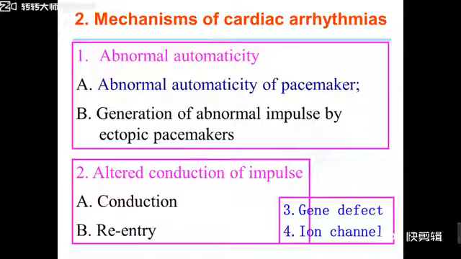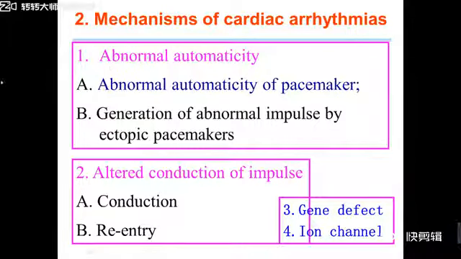The mechanisms of cardiac arrhythmias. Why do patients have arrhythmias? We are still unclear, but maybe for these reasons. The first reason is abnormal formation of impulse. The second reason is abnormal conduction. Just now we have known the definition of arrhythmias.